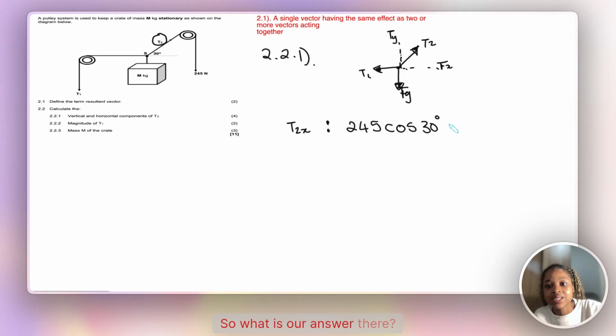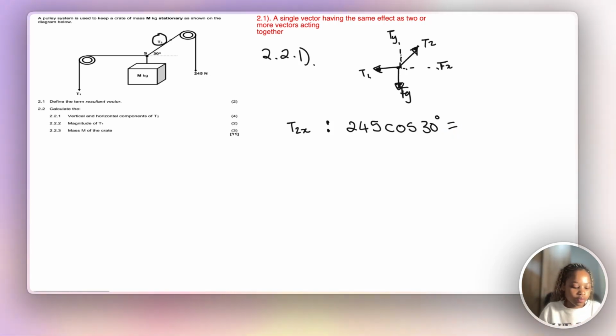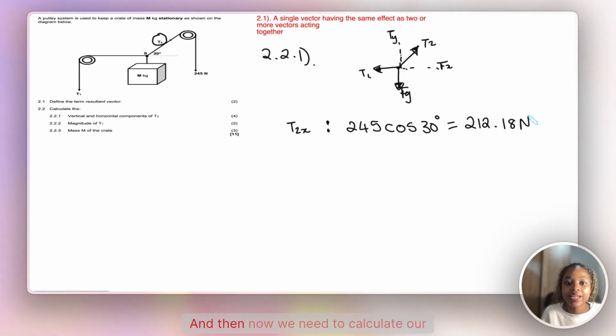So what is our answer there? That will then give us 212.18 Newton. And then now we need to calculate our T2 in the vertical. So we remember we're dividing it into components.